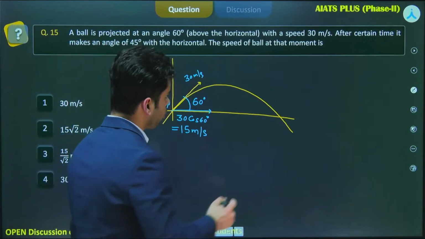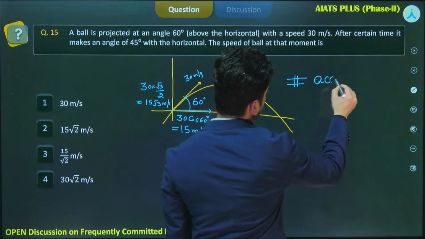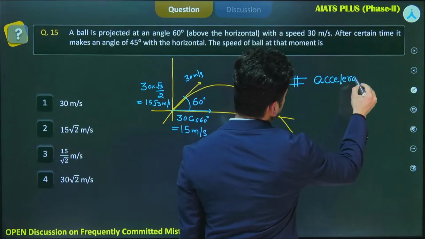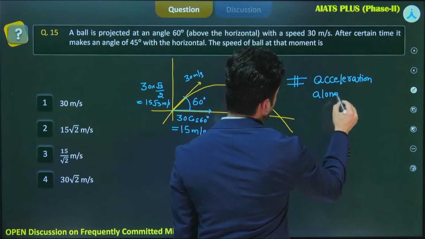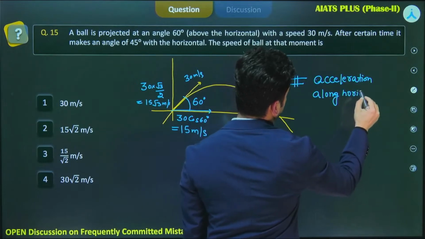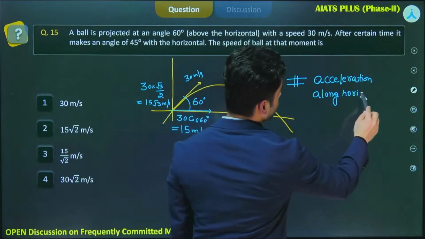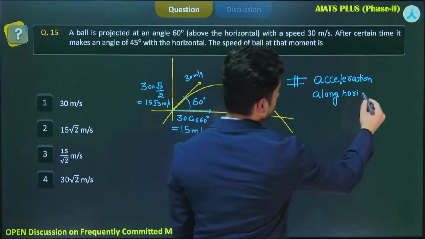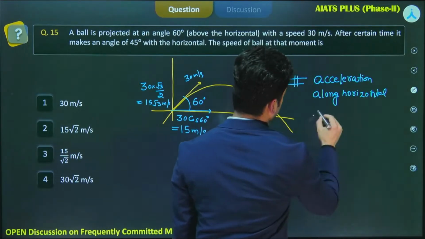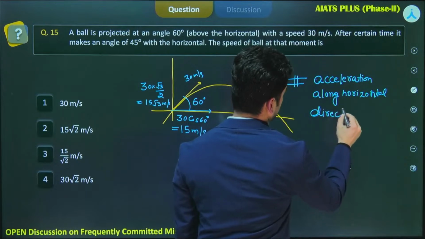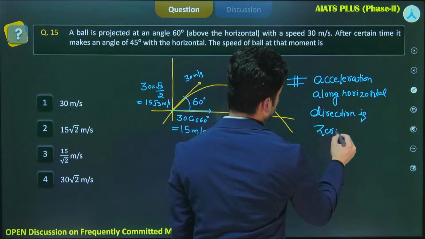Okay, dear students, the key concept over here is that the acceleration along horizontal direction is 0, right?